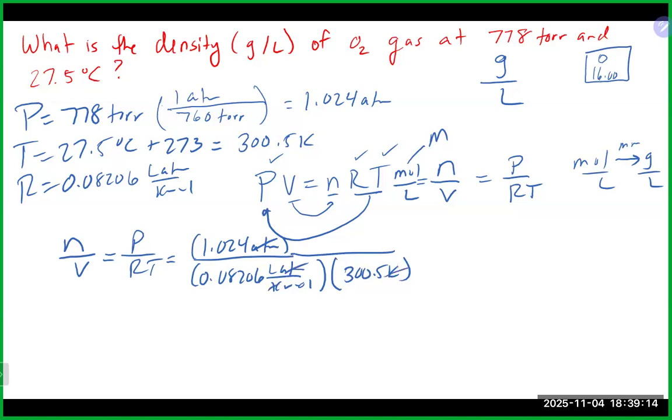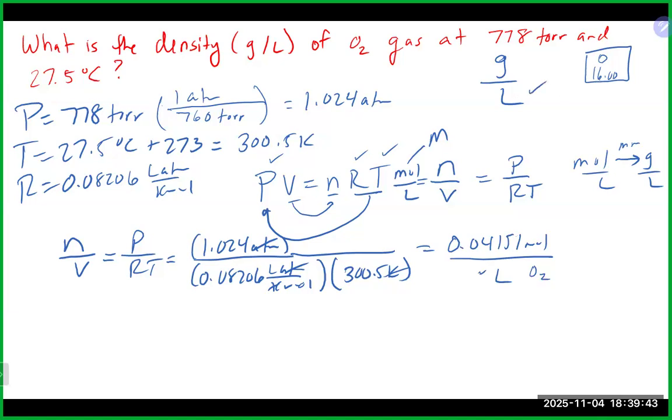When you divide by the bottom, the moles go to the top, liters go to the bottom. Punching in the numbers, we will end up with 0.04151 moles per liter here of O2. Like I said before, the bottom part's good because we do want liters.